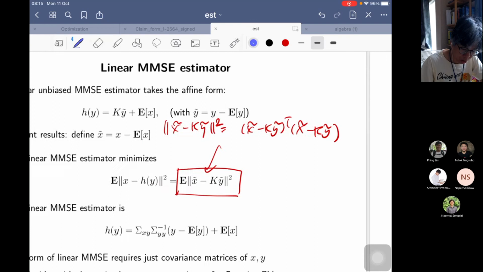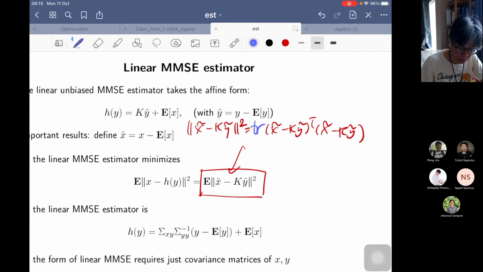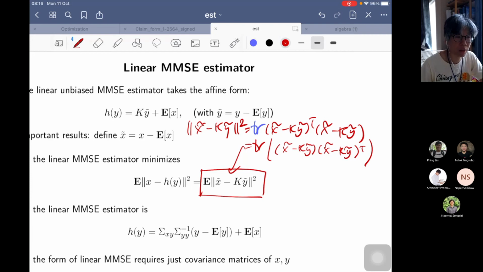And then we also note that because this is a scalar, it is equal to its trace. And then we can use the circular property of the trace, which is this. This is the circular property of the trace.